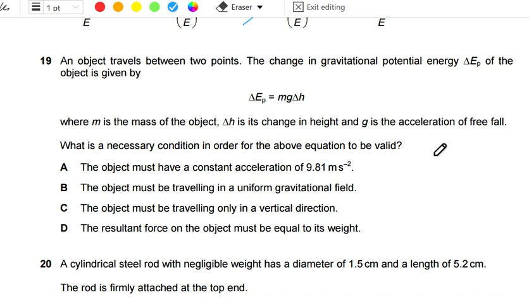So this formula applies for any other planet with any value of g that differs from 9.8, and object must not be in a vertical direction.